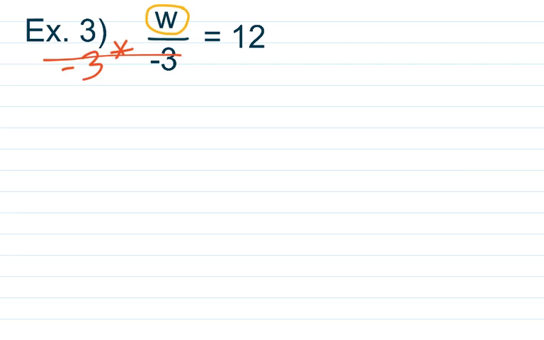And that cancels out our negative 3's, and it leaves us with the w. But whatever we do on one side, we must do to the other side. So now we can bring our w down, our equal sign down, and what is 12 times negative 3? Well, 12 times 3 is 36, and a positive times a negative would be a negative 36.